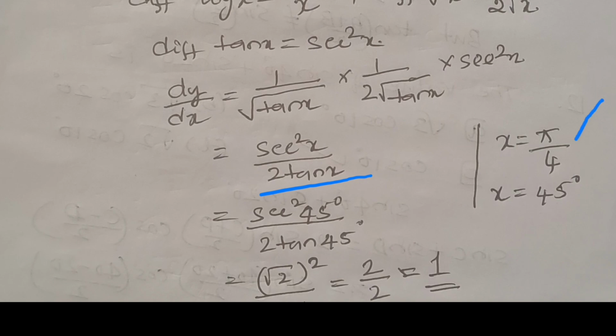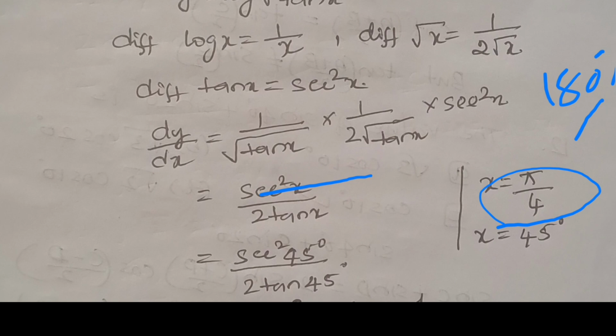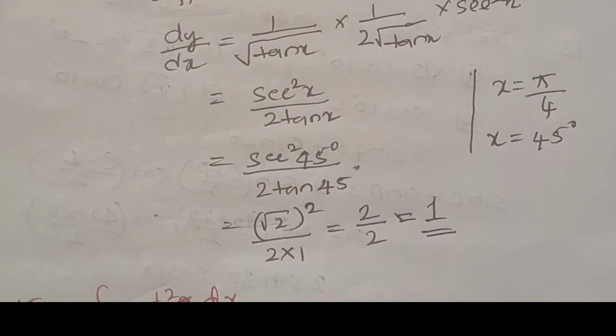So x is equal to pi by 4. If you substitute pi by 4, nothing but 45 degrees, how you get it: pi is 180, divided by 4, you will get 45. So you substitute x, where the term is secant square x divided by 2 into tan 45 degrees.